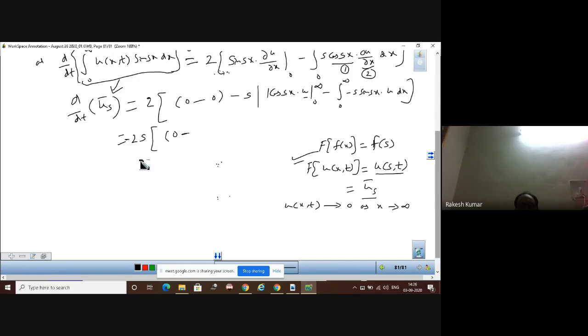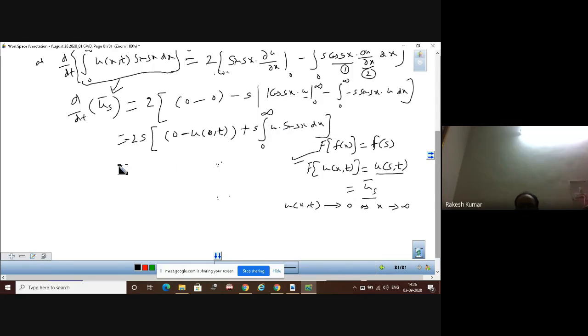It can be written like this, that is u of 0, and this will be written as minus and minus plus. s can be taken out, 0 to infinity, u is as it is, and that is the sine of sx dx.